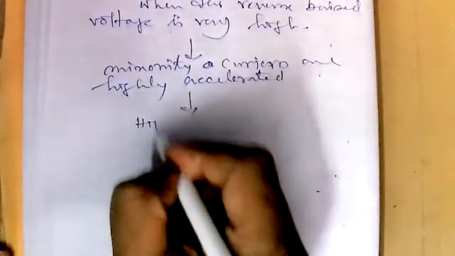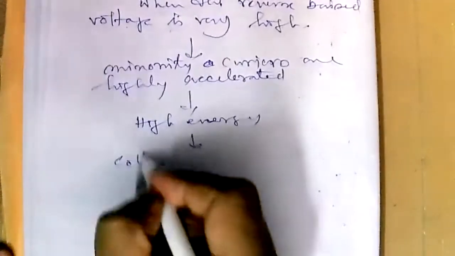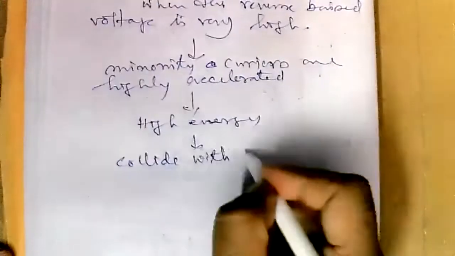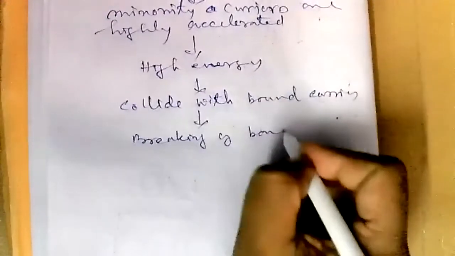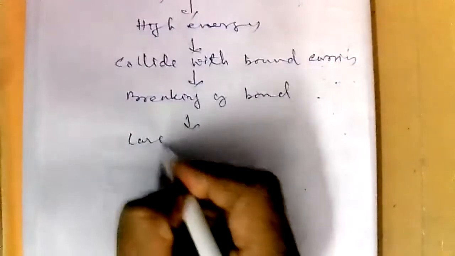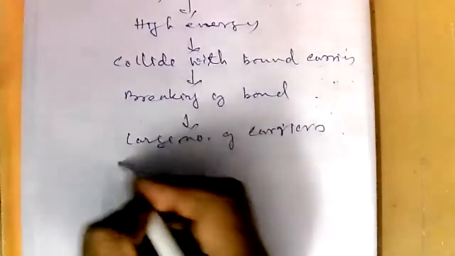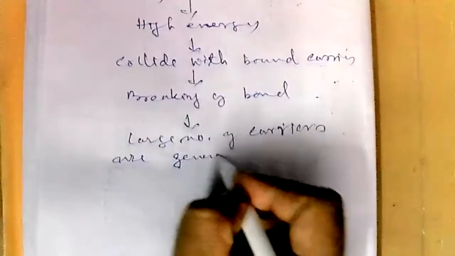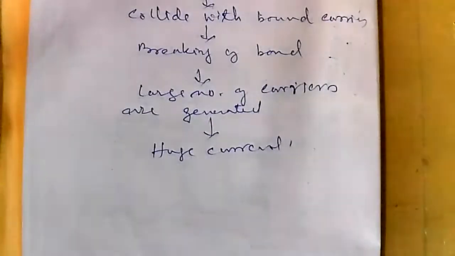So they have high energy, collide with bound carriers, breaking of bonds, and a large number of carriers are generated. So you will get huge current. So this is avalanche breakdown.